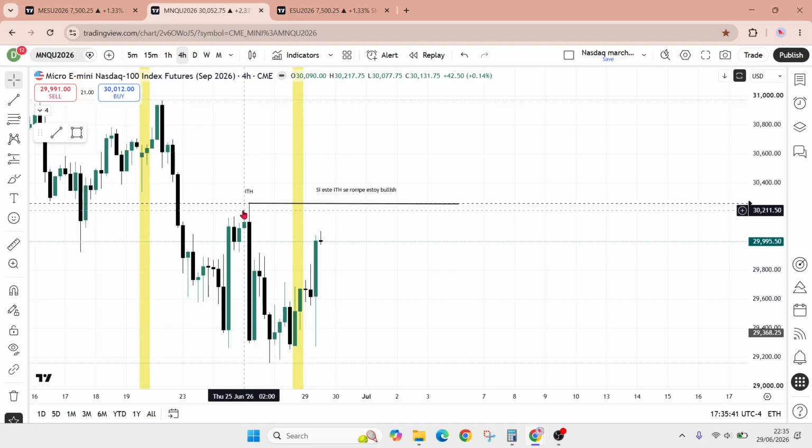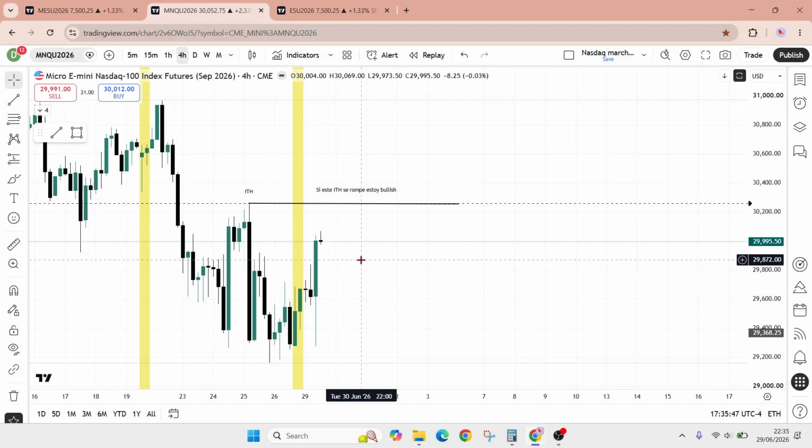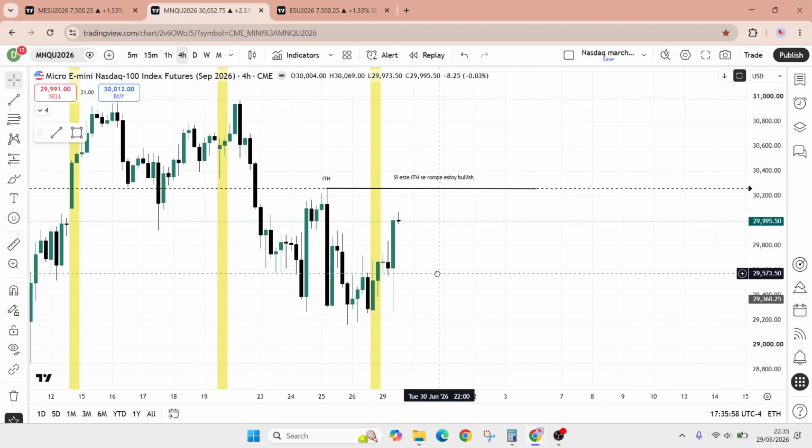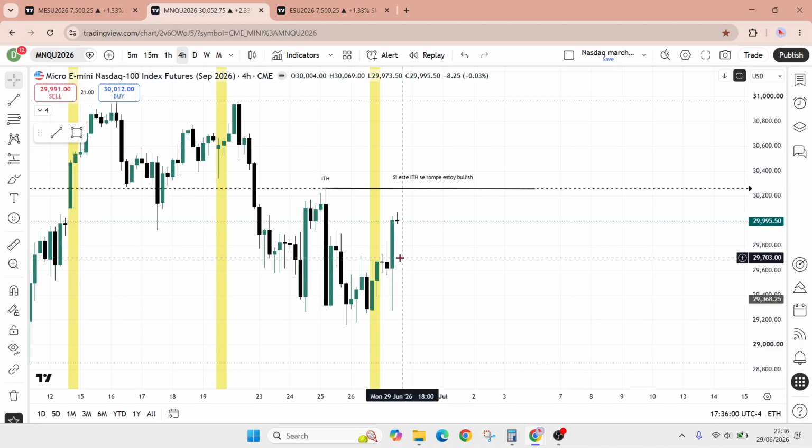And on the 4 hour is the same high as the daily, and this is the intermediate term high, and I put it here in Spanish: Si este intermediate high se rompe, estoy bullish. That's what I just said. If this intermediate term high is broken, I'm bullish. So we got a bullish engulfing candle, and let's see what happens.